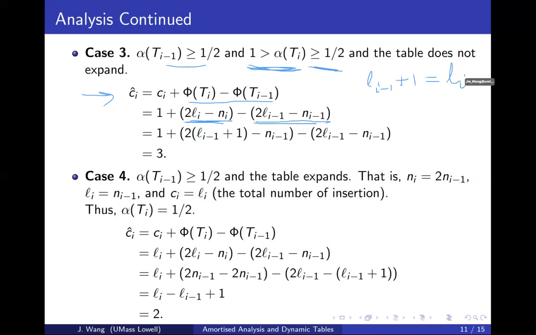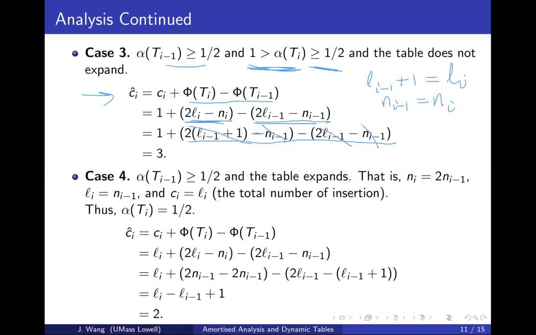If it's a deletion, you get the minus 1 and that becomes L sub i. And the size of the table is not changing, so this is equal to this. Then we plug that in, this cancels, and we get 2 times 1 left. So that's 3, and that gets canceled because this is negative, and negative becomes positive. That's this case.